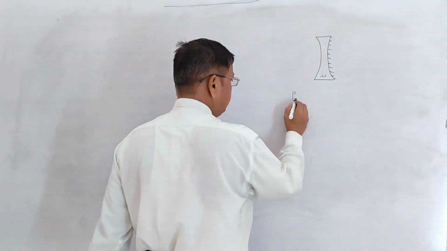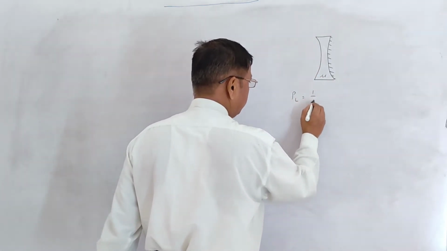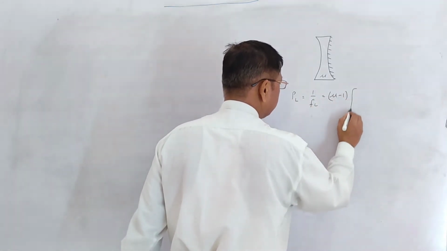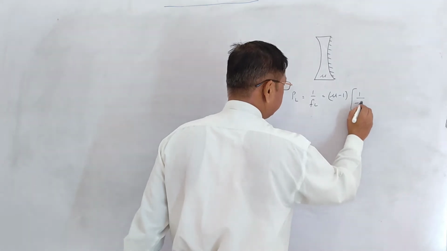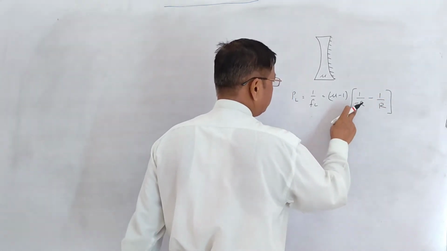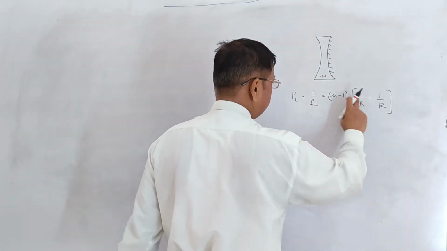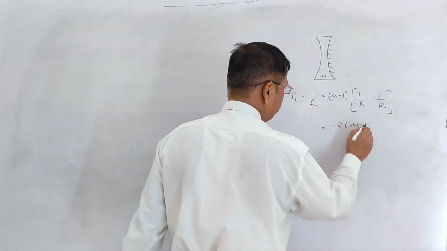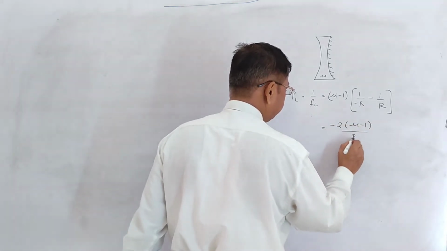So you know P lens is 1 by FL equal to mu minus 1. Here R1 is negative, so minus R, R2 is positive, so R, so minus 1 by R, minus 1 by R, minus 2 by R, so it is minus 2 mu minus 1 by R.